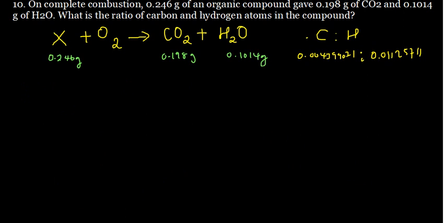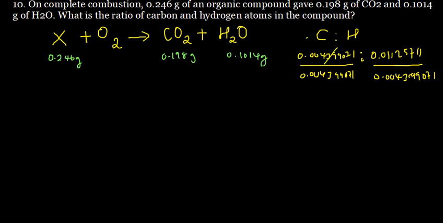So from what we are able to see, the hydrogen value is bigger than the carbon value. Alright, so I'm going to divide both sides by the smaller number. So I'm going to divide this side by 0.004399071, and also this side by 0.004399071.